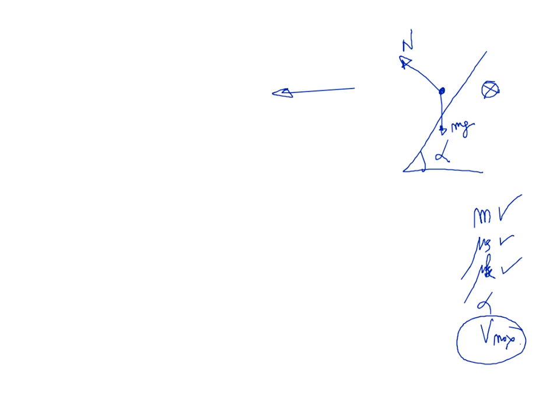Excellent. Vmax means we're dealing with Fs max. Let's continue the reasoning. Vmax is the one we're looking for so that we don't slip up the ramp. What does it tell us about the direction of Fs?